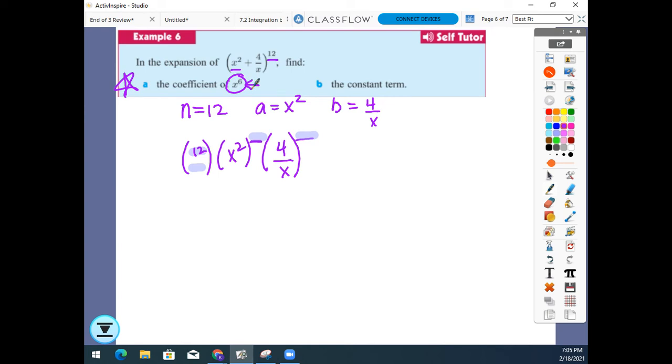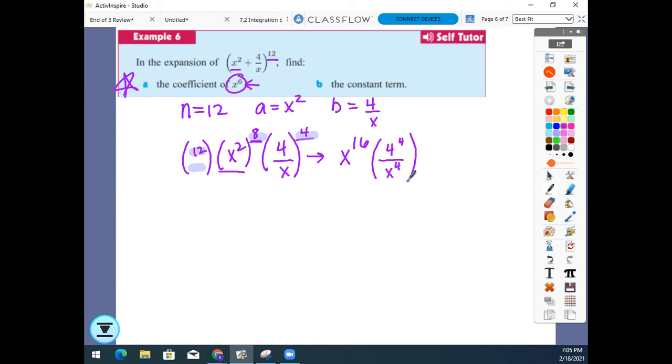So this is what I did. I thought, let's just play with it. What if this exponent is 8? That would mean this is 4. What would that look like if I simplify x squared to the 8th? I would get x to the 16th. What if I simplified 4 to the 4th, x to the 4th?